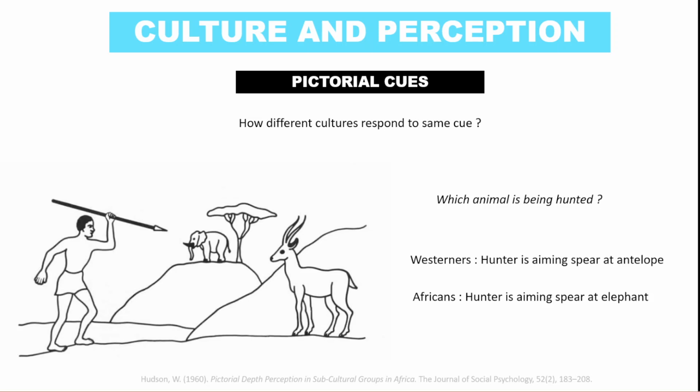Meanwhile, Africans are not that much exposed to painting and the like. Based on all the cues, it appears as if the elephant is behind the hunter and the hunter is on the same plane as the antelope. That's why Westerners judge that the hunter is aiming his spear at the antelope.